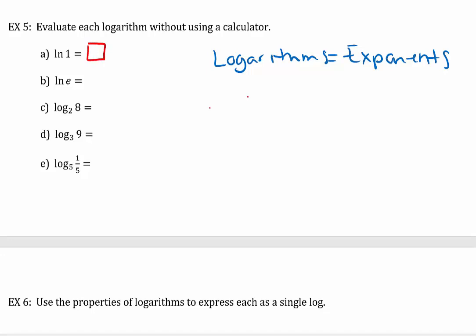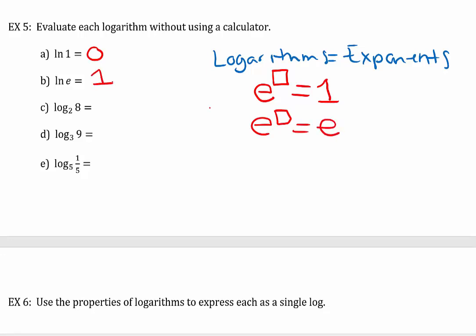That problem in exponential form would be e, the base is e, to what power equals 1? And the answer is 0. e to the 0 is 1. In fact, anything to the 0 is 1. So ln 1 equals 0.